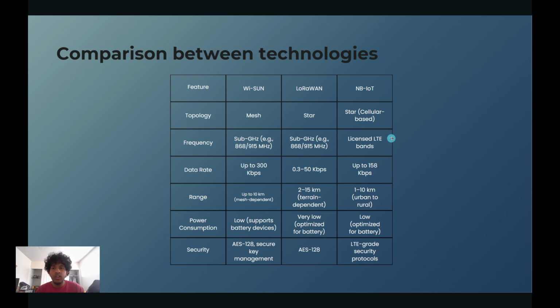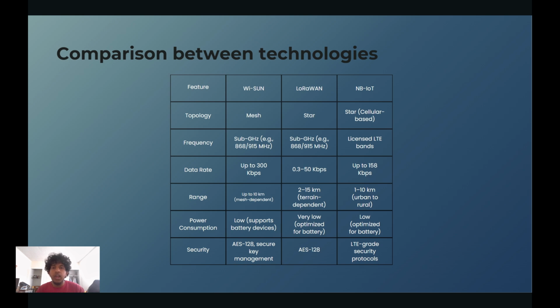So LoRaWAN and NB-IoT are competitive technologies to WiSUN. Mostly, some of them use the star topology, whereas WiSUN uses the mesh topology. Some of them have tried to use sub-gigahertz bands, but have failed to get the same data rate that WiSUN has. The range in which WiSUN works is pretty large when compared to the other competitive technologies.